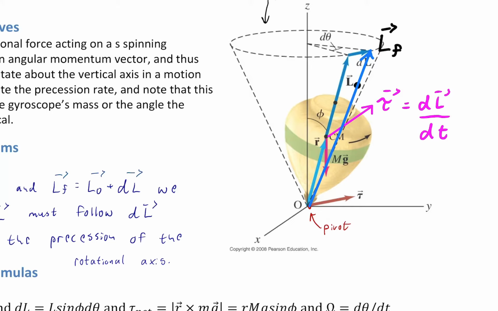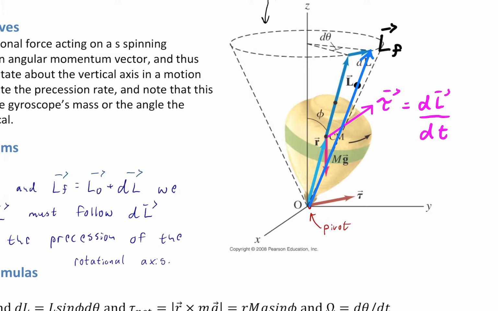Now, could we avoid precession? Yes, if the top was completely upright, so that the gravitational force was not creating a torque. Because in that case, the gravitational force would be anti-parallel to the rotation axis, and well, sine of 180 degrees is the same as sine of 0 degrees. It would be 0, and so there would be no torque, thus no dL.